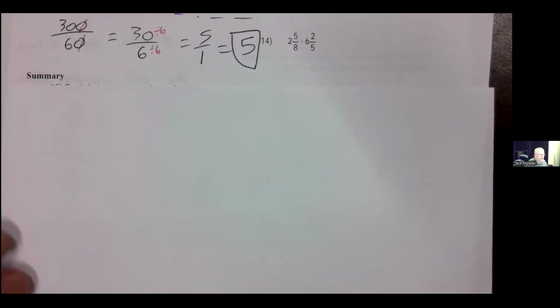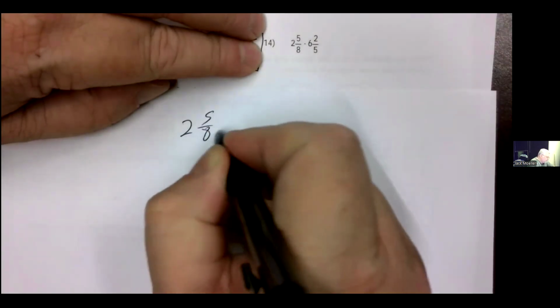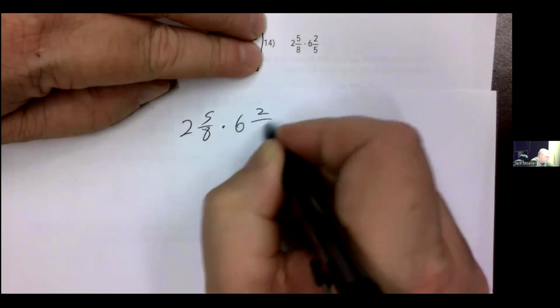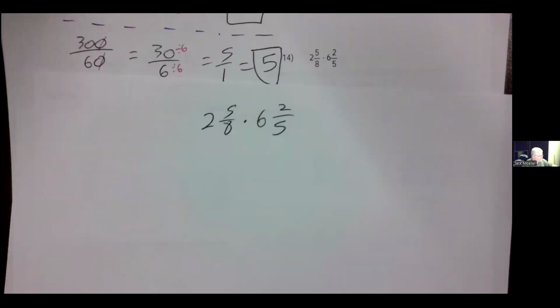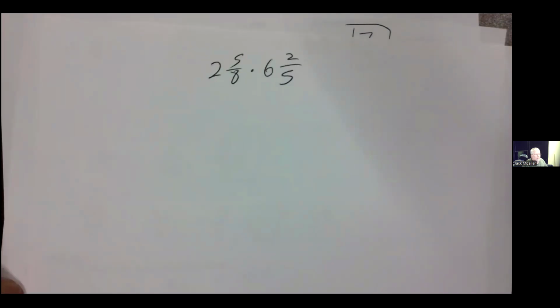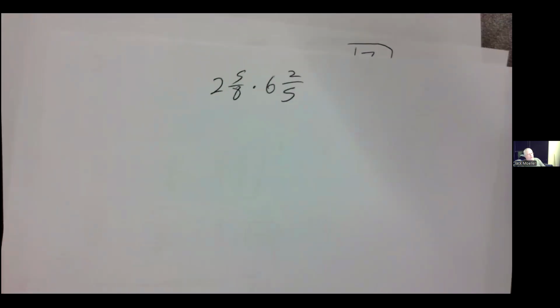All right, so let's look at that 14. So we have 2 and 5/8 times 6 and 2/5. If you just try to do 2 times 6 and 5/8 times 2/5, I guarantee that you'll get a wrong answer.